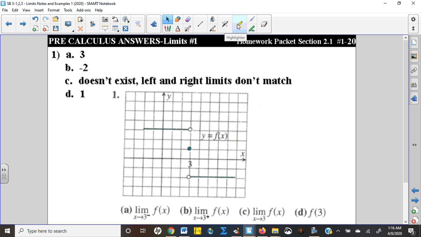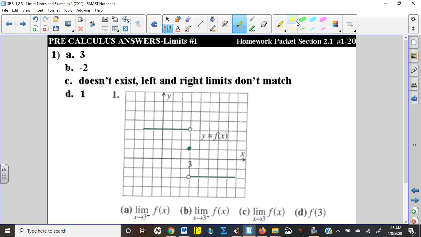Problems 1 through 6, we're giving you some pictures, and then asking you to evaluate the limits. Each one wanted you to do a left one-sided limit, a right one-sided limit, and then the two-sided limit. The actual limit is what we call the two-sided limit. And then what is the function's value at the x value in question?